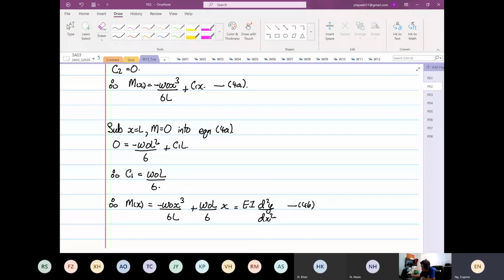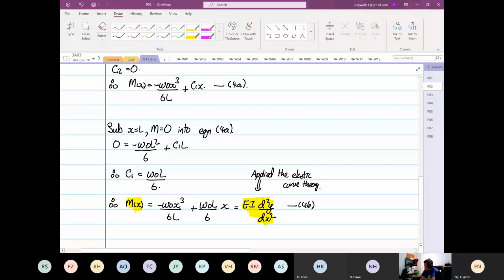So when we introduce this relationship with respect to M as a function of x, what we have done is we have applied the elastic curve theory.